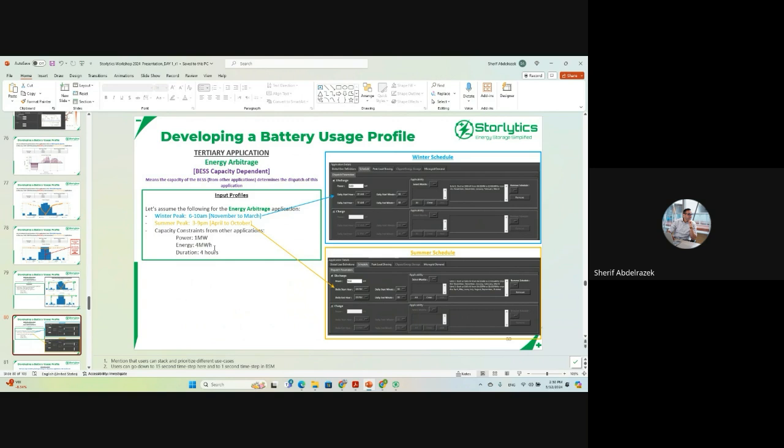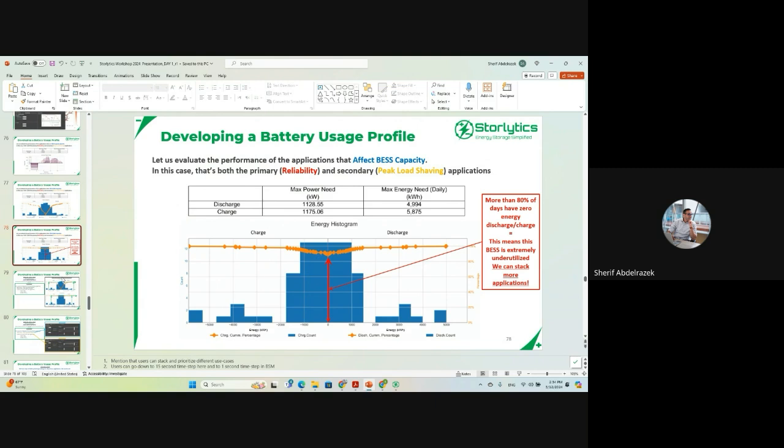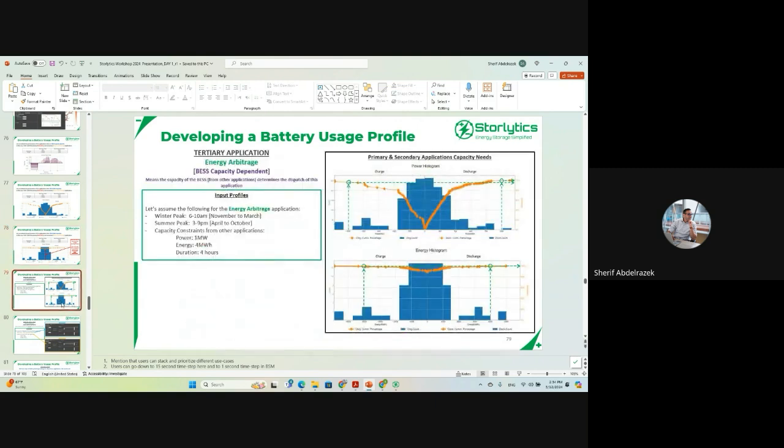You can be more efficient. I mean, we just saw you really don't need more than 400 kW, but let's just assume we're going to size it at 1 megawatt and 4 megawatt hours. All right. Okay, so let's assume we'll base the energy arbitrage application on 1 megawatt, 4 megawatt hours, right?